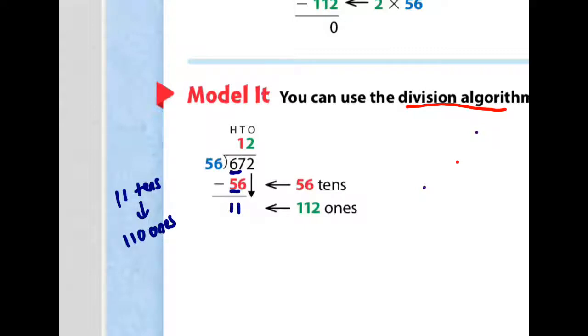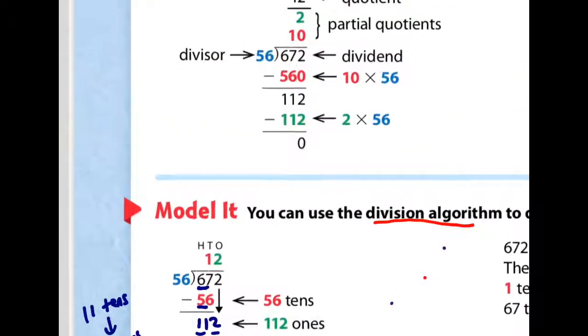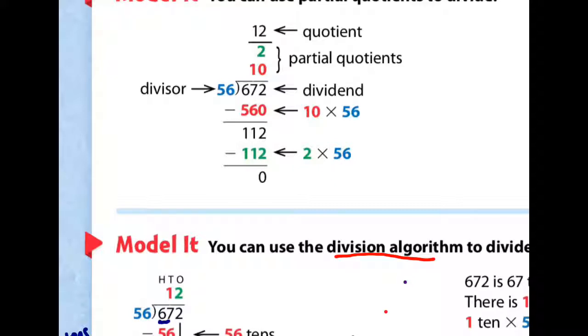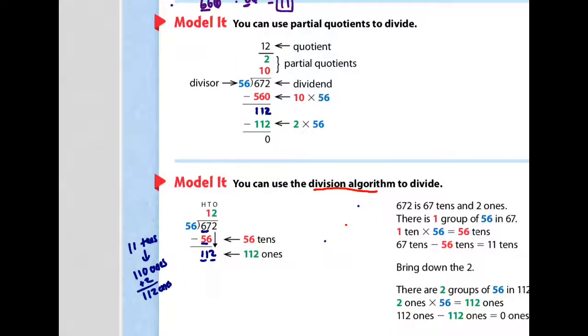And you're just bringing down that 2 to say it's 112 ones. That's what you're really doing there. So this 11 was 11 tens plus the 2 ones is 112 ones. So up here, since these are already all ones, we have 672 minus 560 is 112 ones. Okay? So that's kind of the difference there.